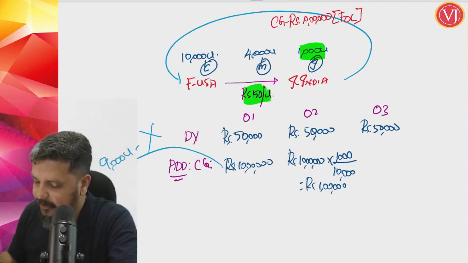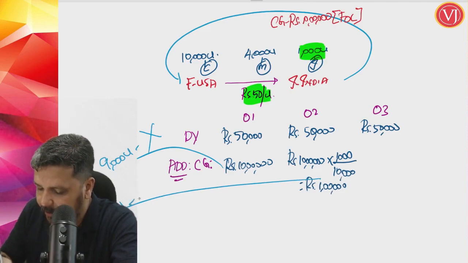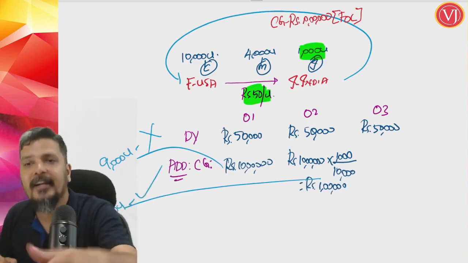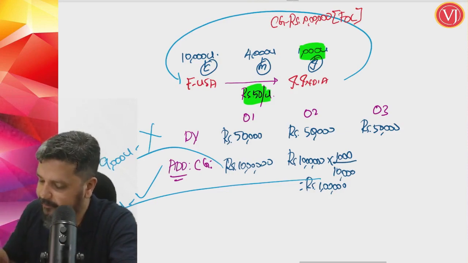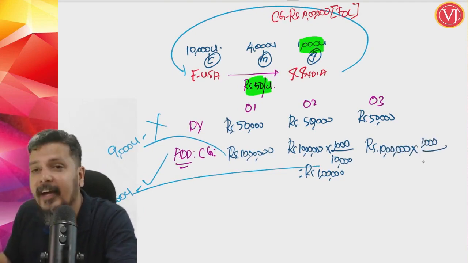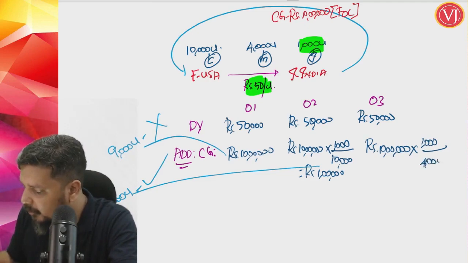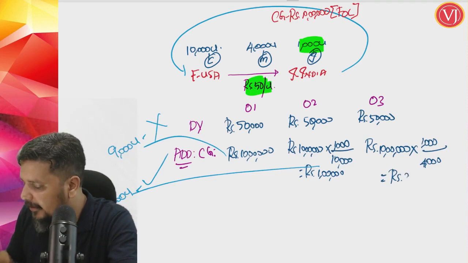When balance 9,000 units are imported, keep doing proportionate addition. Third option, add now 10 lakhs multiplied by 1,000 units that are imported divided by 4,000 units that you have manufactured, which means add now only 2,50,000.